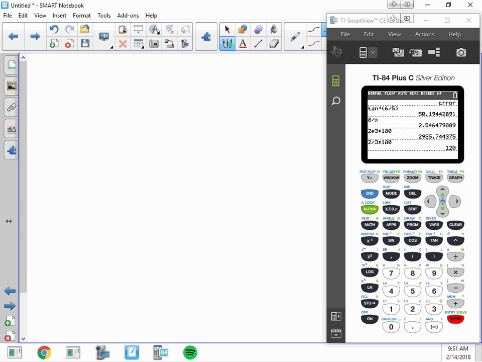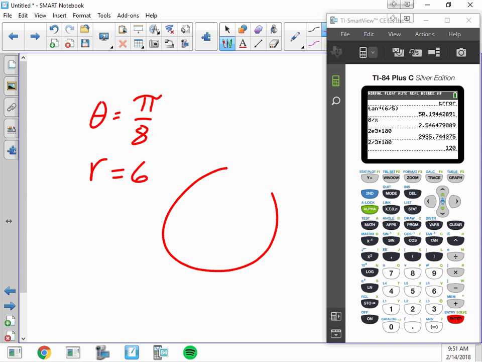Okay, so if you look at number 82, if theta is pi over 8 and r is 6, what that means is we have a little angle here, pi over 8 with a radius of 6. What's the arc length?